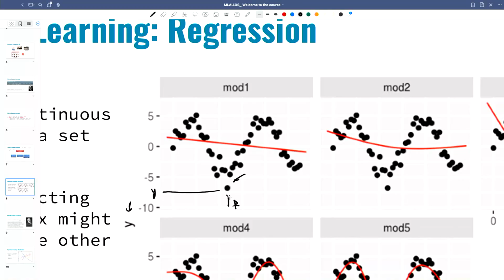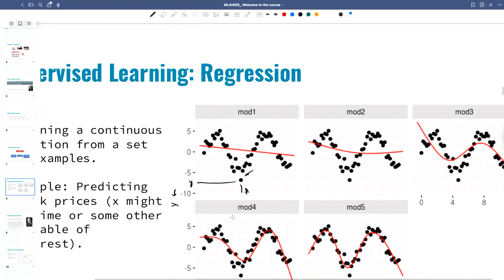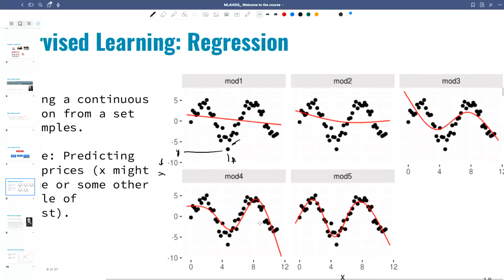And as I said, a model is something that maps the features to the target value. So here we have different models or different regressed curves. The red ones that you can see are different models.